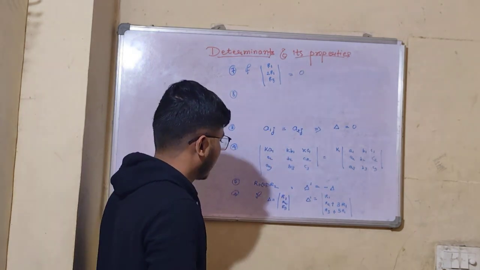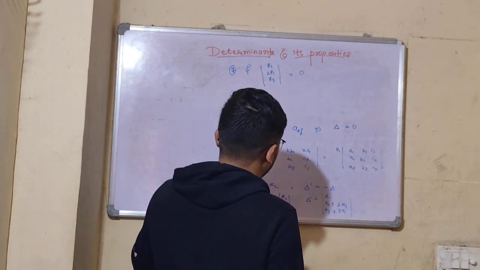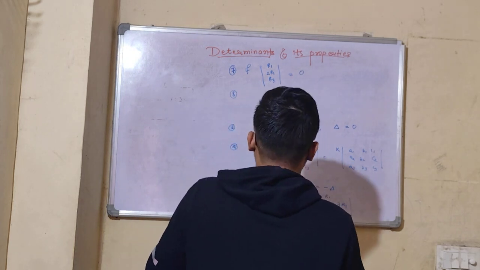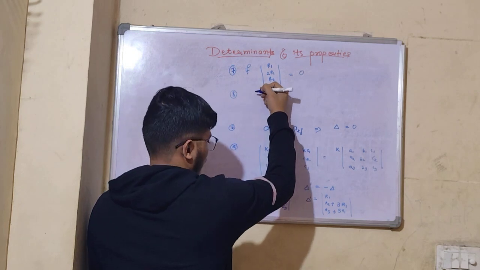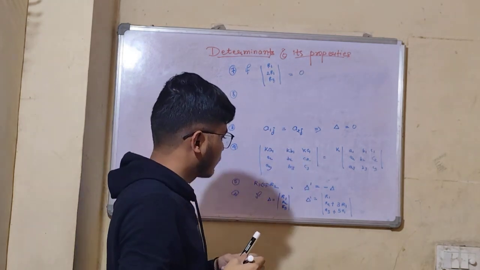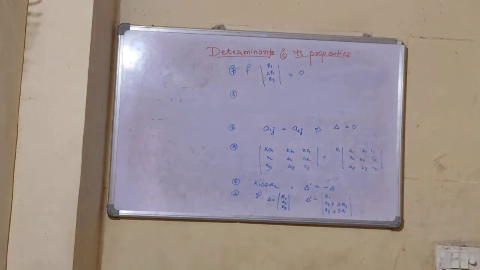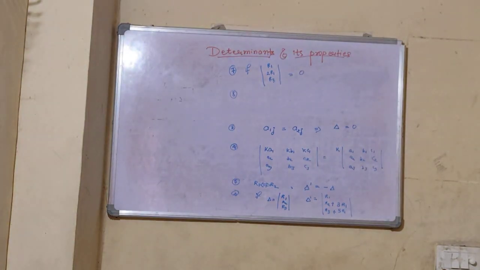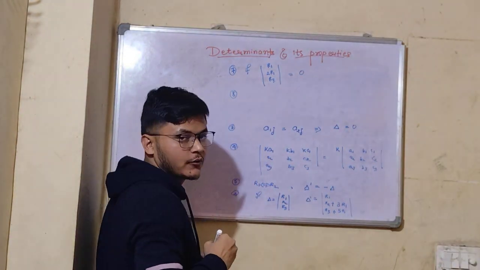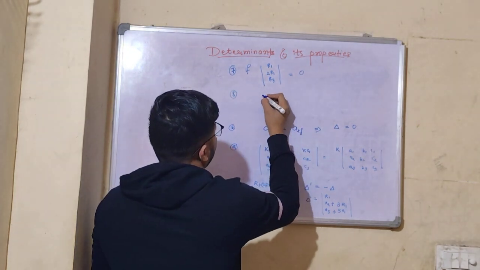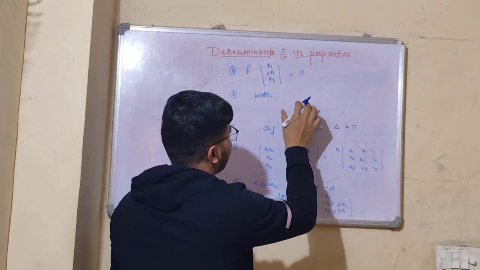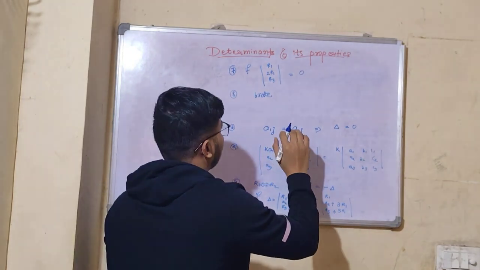And the last property I have to say is that we can break the determinant into two sub-determinants of the same order with respect to any row or any column.